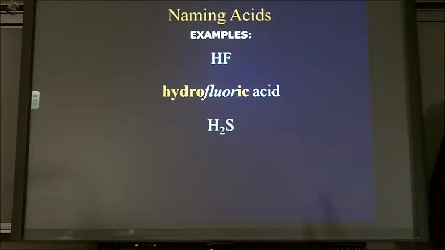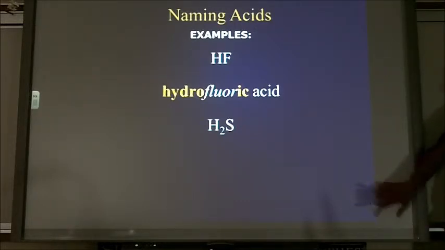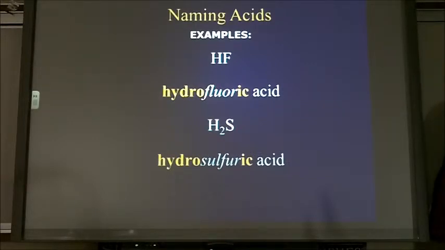We don't call this di anything, because technically this is an ionic compound. So we have the sulfur, and put a little bit in there: sulfuric. And since there's no oxygen, what's the whole thing called? Hydrosulfuric acid. Good.